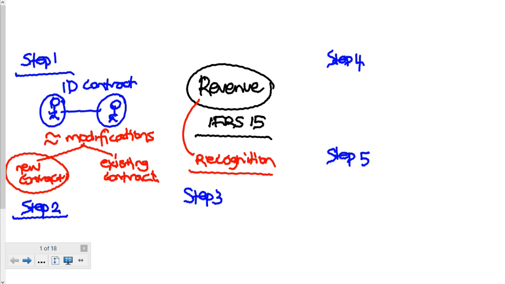If the modification was just to an existing contract, the contract that we already have, and we just modified it, so let's assume that because they have extended the exam dates to later, we're going to add a few extra lectures, isn't it?